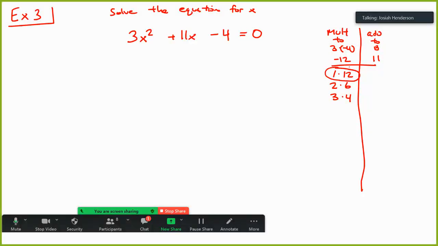And we also know that they're multiplying to make negative 12. So that means one of these factors, 1 or 12, has to be negative. So negative 1 plus 12 or 1 minus 12. Which one gives us what we want? Positive 11.